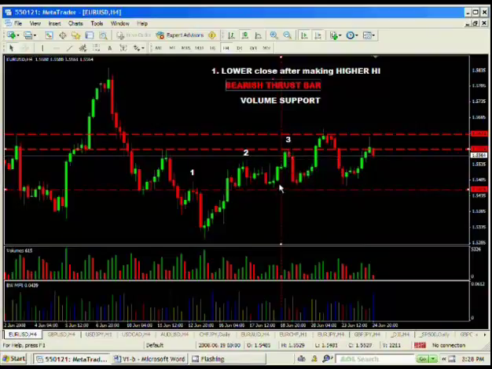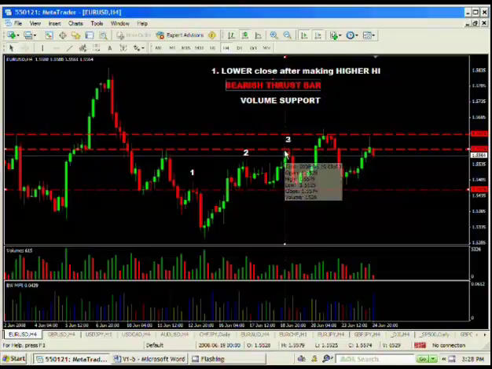Now price continued up, okay, and that's because the public saw price moving up and they jumped in on this bar. Our main clue that a reversal is in order is when that public bar does not break and close above this resistance here.